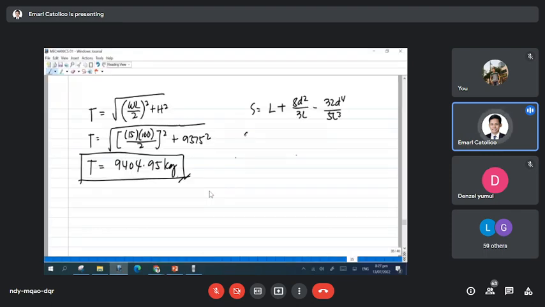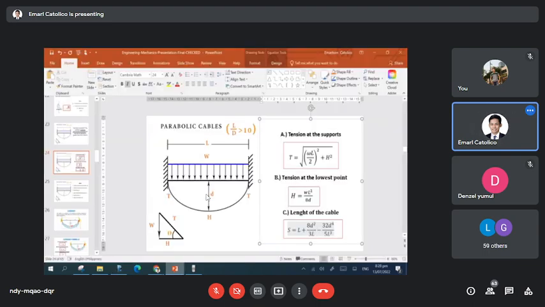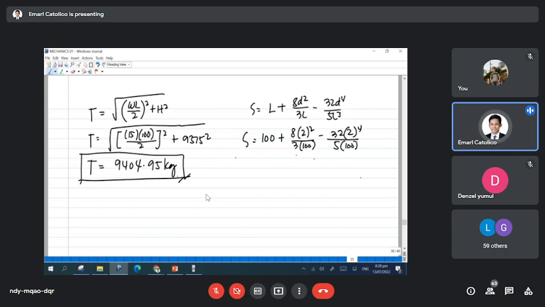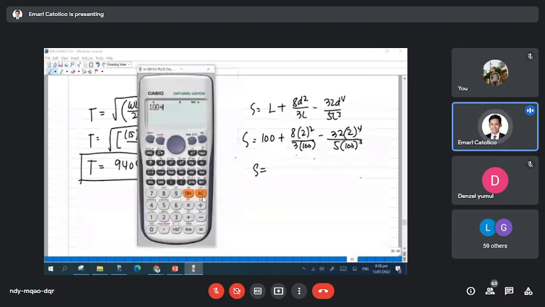Yan. Okay, so direct sub natin. L natin 100 plus 8 times 2 squared over 3 times 100, minus 32, D natin is 2 raised to 4 over 5 times 100 raised to 3. Okay, 100 plus 8 times 4, 32, no?